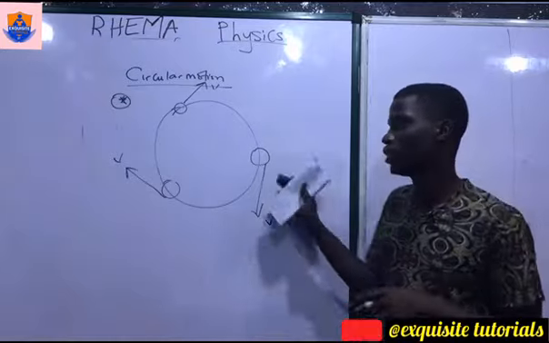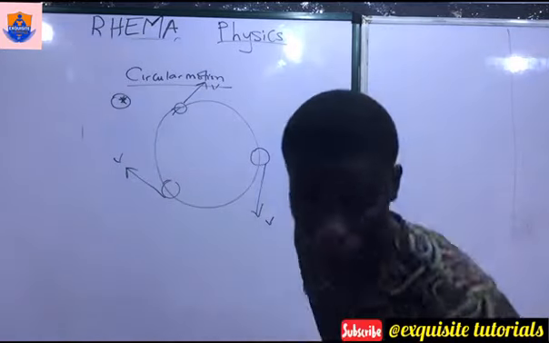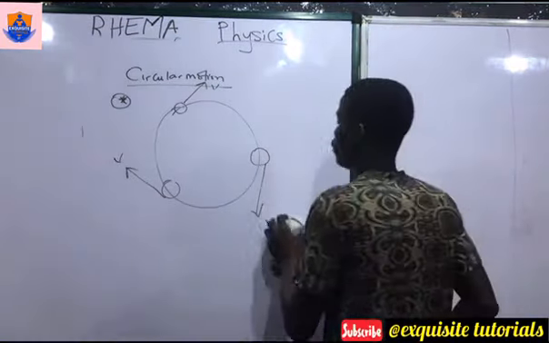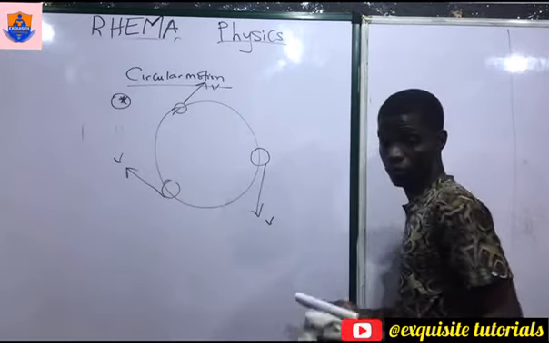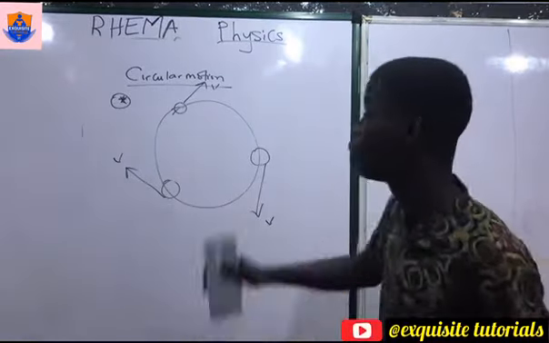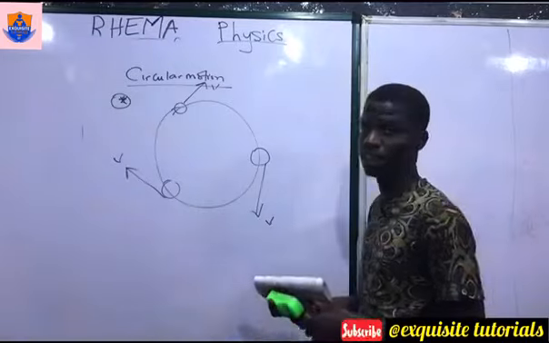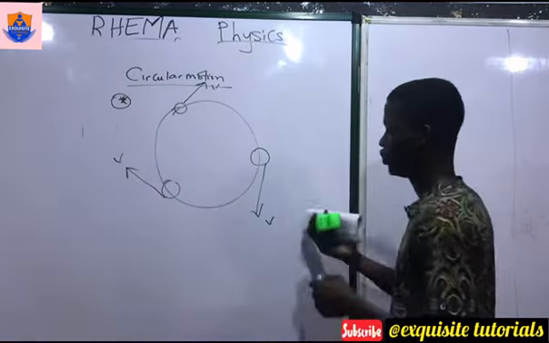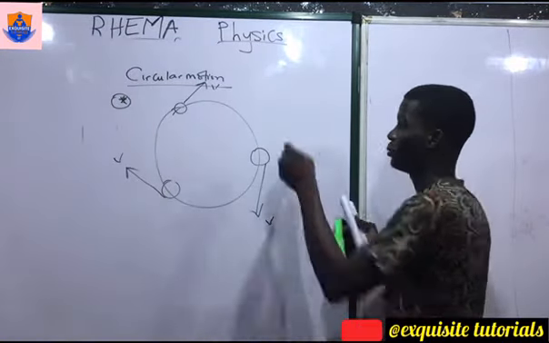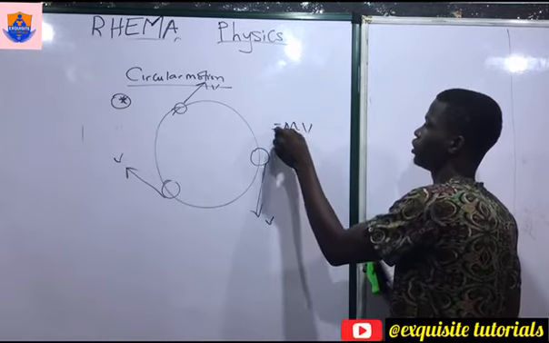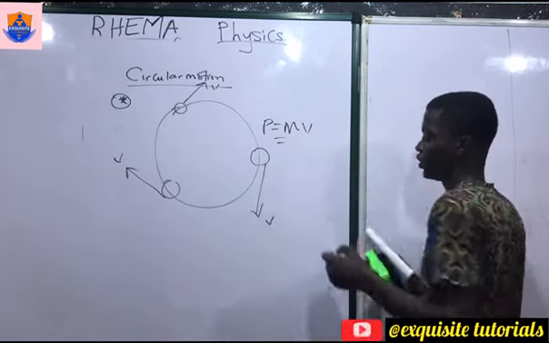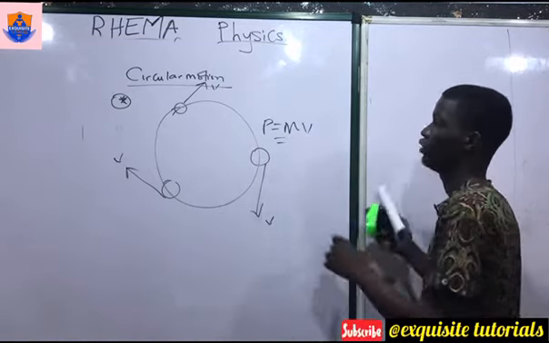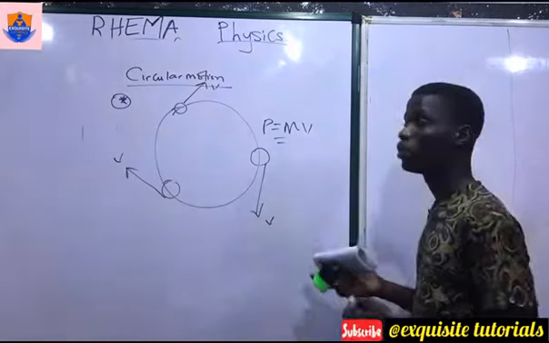So that tells us that the work done by the body is equal to 0, like I said. The momentum of this body also changes. Momentum is mass times velocity. Based on the fact that the velocity changes, therefore the momentum also changes.